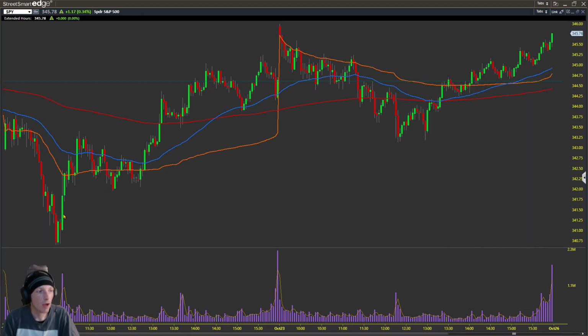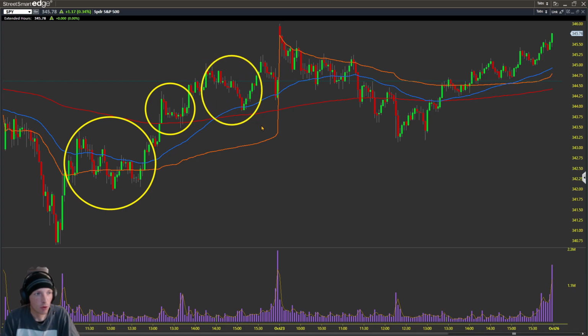So for the blue line, you can see right here, the stock spiked up. And then it had this pullback right here. Surged up. And then the red line was holding as support right there. It came down and it held as support right there. Even the blue line started to move up, and you can see that blue line crossed above that red line, indicating trending higher and squeezing higher.